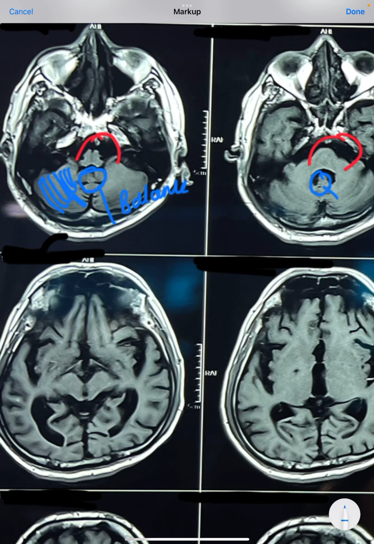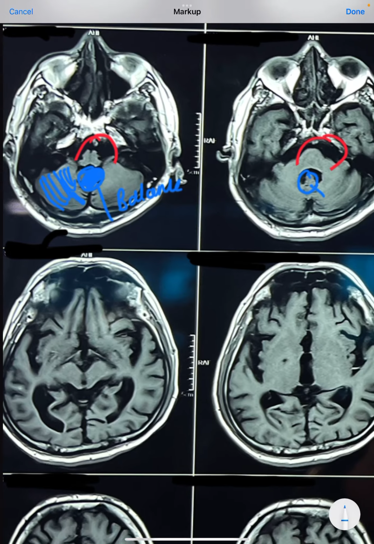So if there is left-sided cerebellar involvement, there will be left-sided upper limb or lower limb involvement depending on the extent of cerebellum involvement. So the patient will have signs or symptoms of that particular sided upper limb or lower limb involvement, whereas with vermis, there will be involvement of balance.